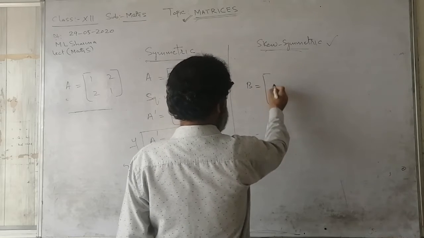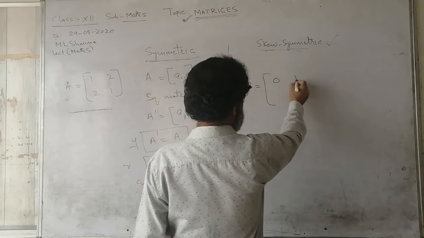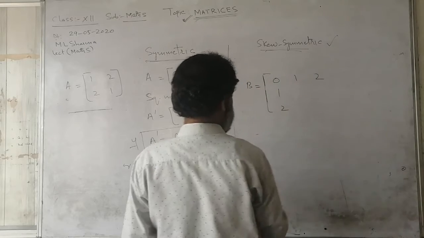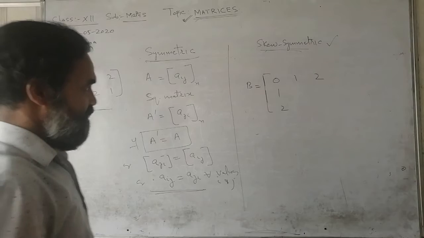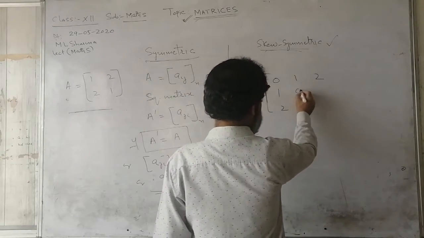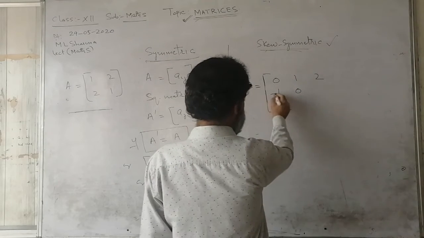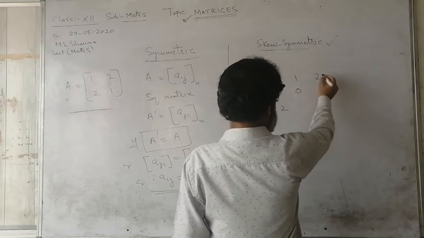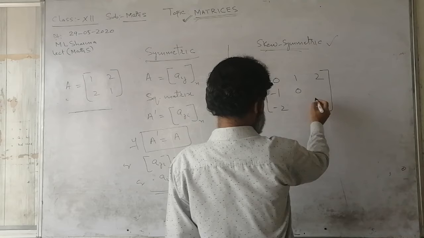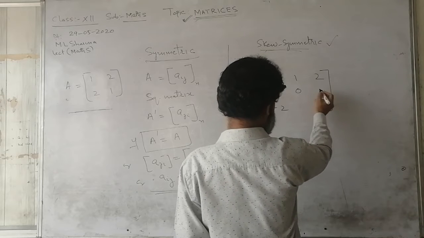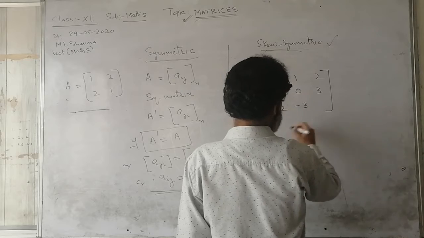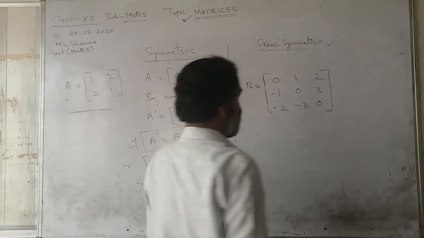Say B. I am writing a 3 by 3 matrix. So here 0, minus, and minus here, and here I can write any element, 3, 3, and here 0.